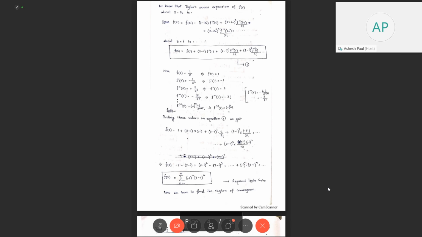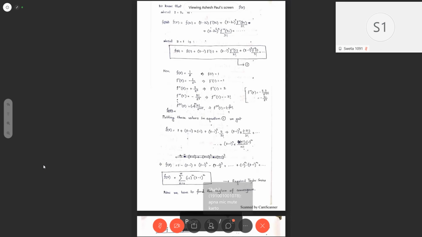Up to this there is no problem. I am asking again, is there any problem? You can tell me. Sir, what is the meaning of region of convergence?